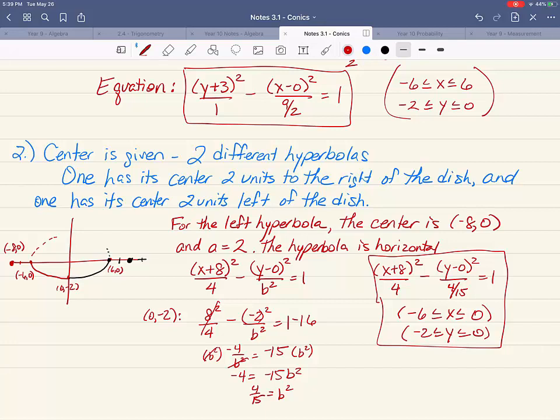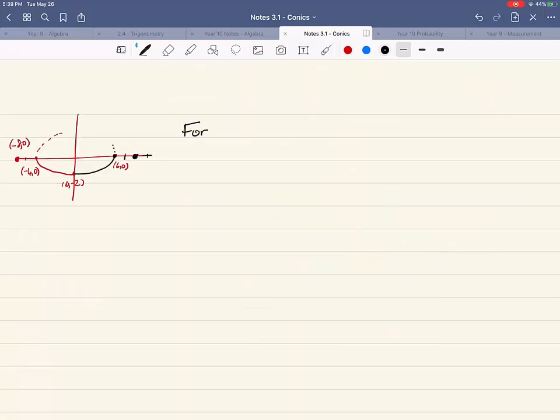Now I'm going to start the next one and show you what happens that allows you to jump straight to the end when you do it. Unfortunately I'm going to have to switch pages. For the right hyperbola, the equation is going to be very similar, except that this point is (8, 0) instead of (-8, 0).